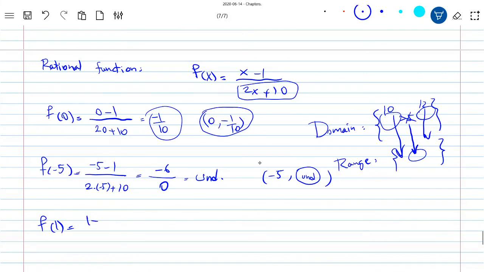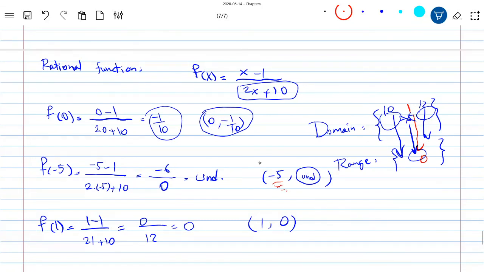You will have 1 minus 1 divided by 2 times 1 plus 10. How do you get this? 0 divided by 12, and 0 divided by 12 is 0. That means I can pick 1. If I pick 1 in the domain, there's a y value on the other side, and it is 0. It's not like negative 5. Negative 5, in this case, does not belong to the domain.